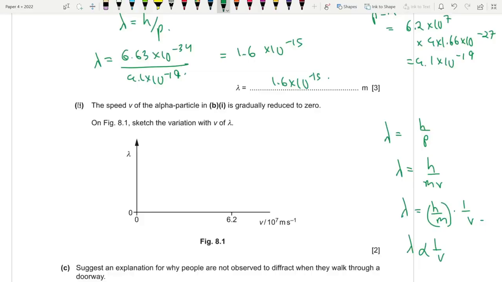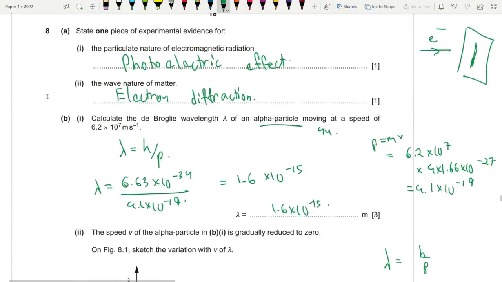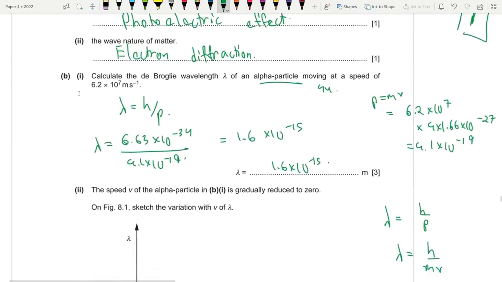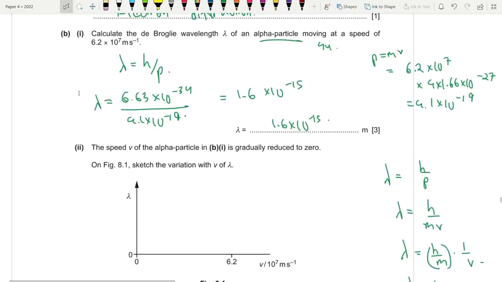Okay. So it's going to be an asymptote on both sides. It can never touch the y-axis, and we know that when the speed is 6.2, it has a value of 1.6 × 10^-15.